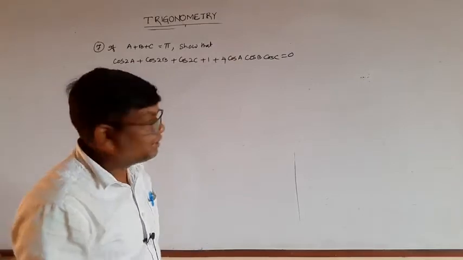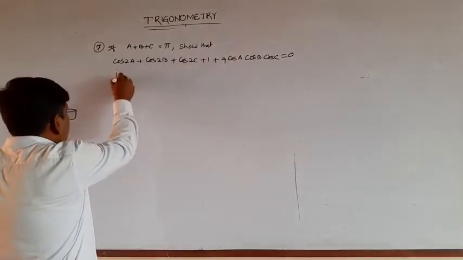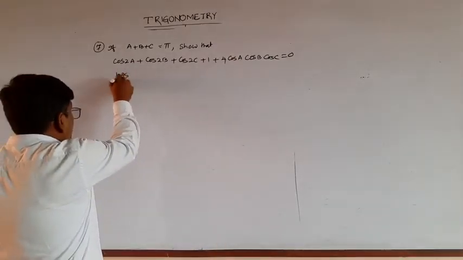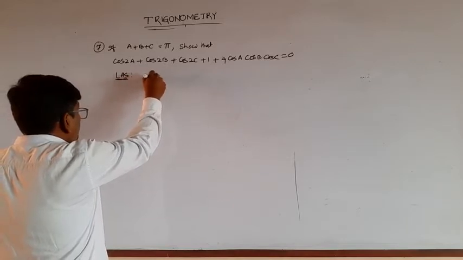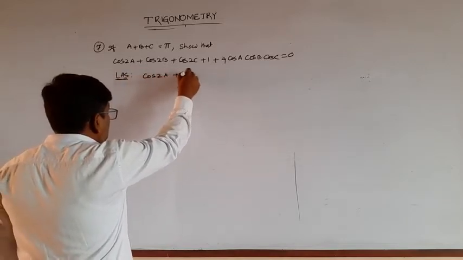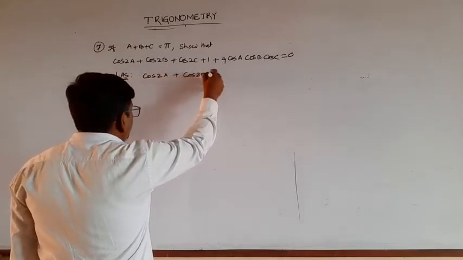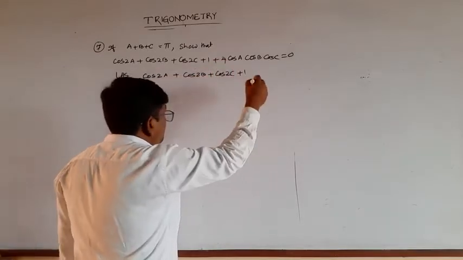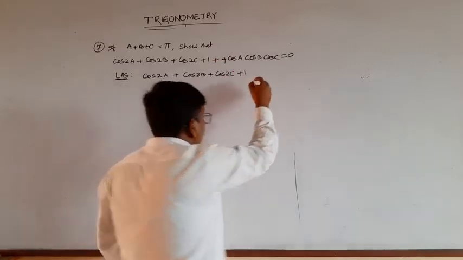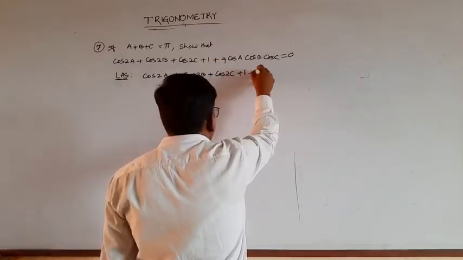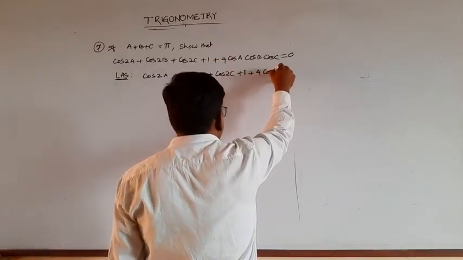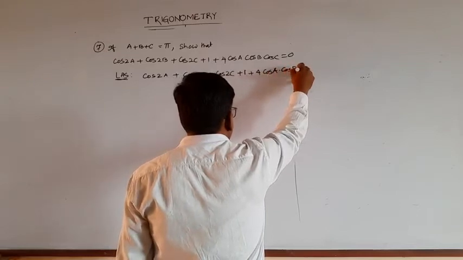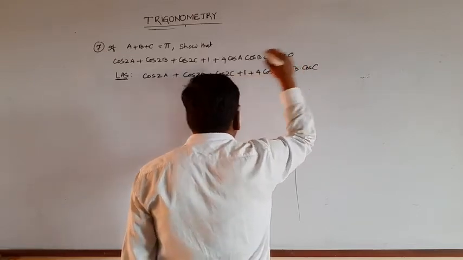Now left hand side: cos 2a plus cos 2b plus cos 2c plus 1 plus 4 cos a into cos b into cos c.